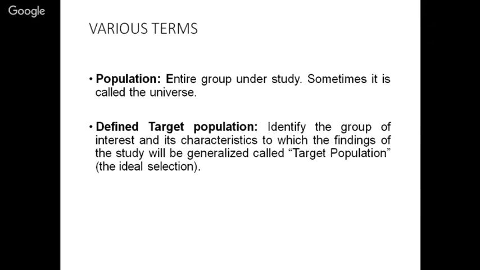Here I would like to take an example. In a class of 100 students, being a faculty, you want to analyze the average percentage marks of the students, and I want to calculate the population parameter. The population is 100 students.